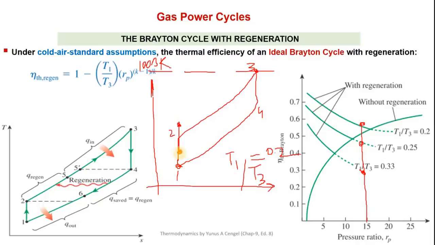If point 1 is at a higher temperature, somewhere here, then point 2 will be here, and for the same 3 and 4, the difference will be smaller. So as the difference between T1 and T3 increases, let me explain it in a different way.